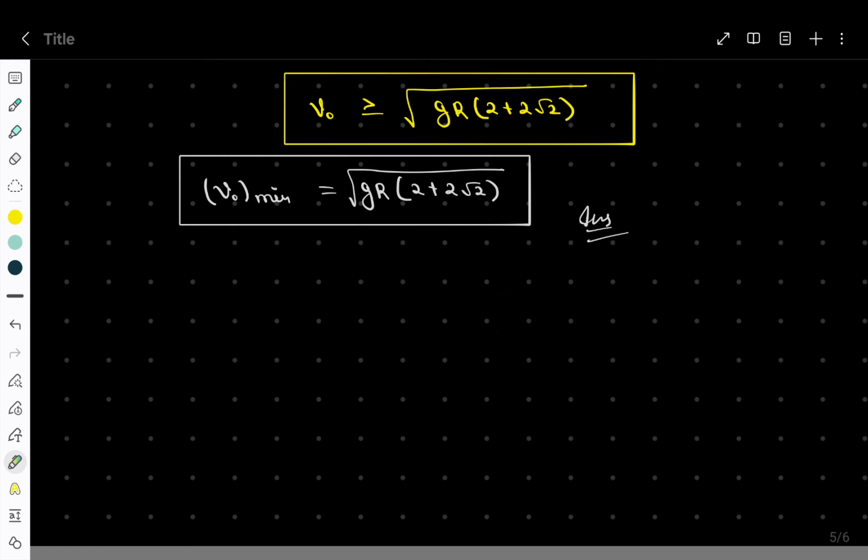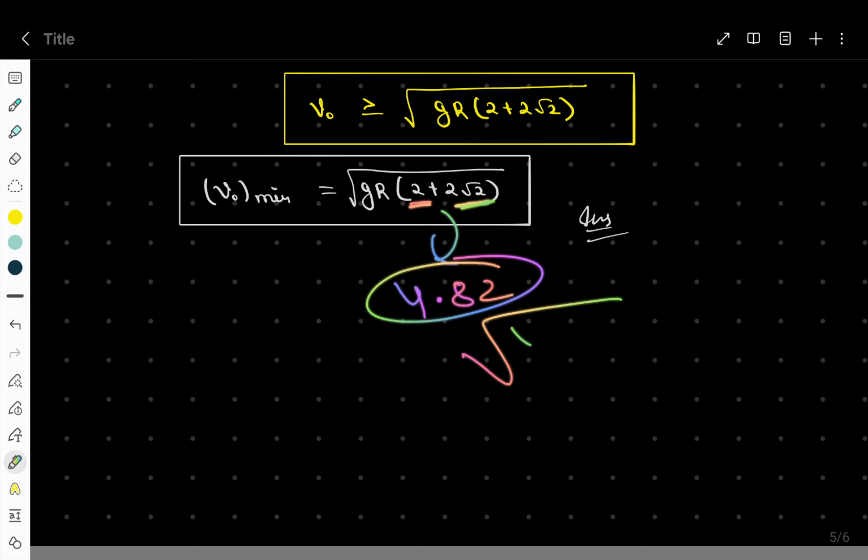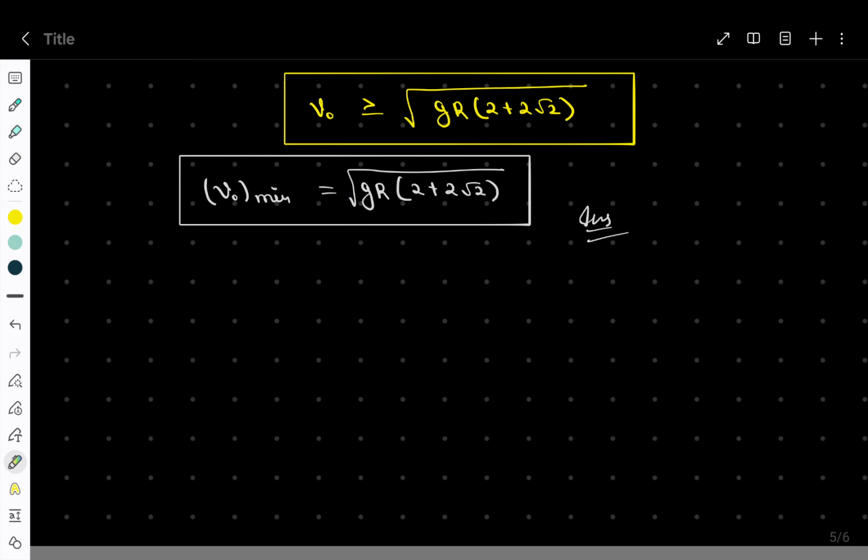While in this case, 2 plus 2 root 2 comes to something around 4.82, right? Root under 4.82 rg. So definitely this is lesser, right? So finally I'll conclude that the minimum velocity of projection required to clear that wooden log of radius r is root under gr(2 plus 2 root 2).